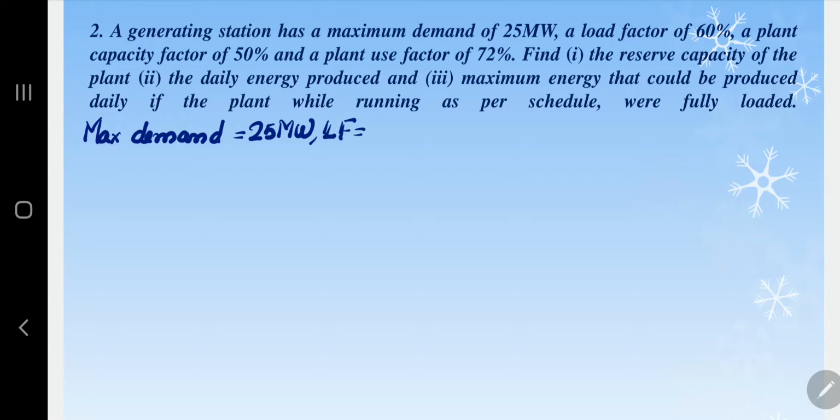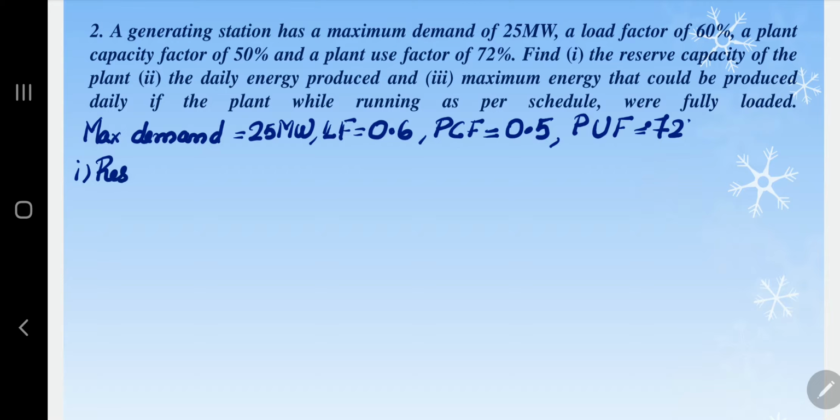Load factor is given as 60%, which we represent as 0.6. The next one is the plant capacity factor, which is equal to 0.5, given as 50%. Next is the plant use factor, which is equal to 72%, that means 0.72. Now we have to find out the reserve capacity first.